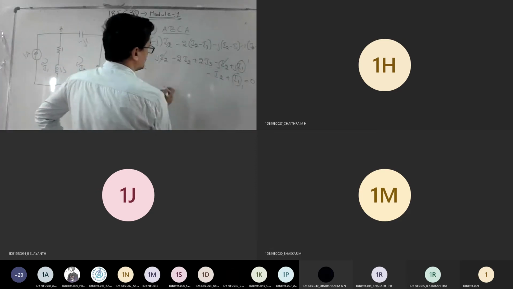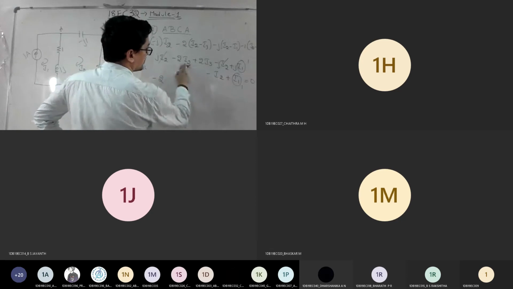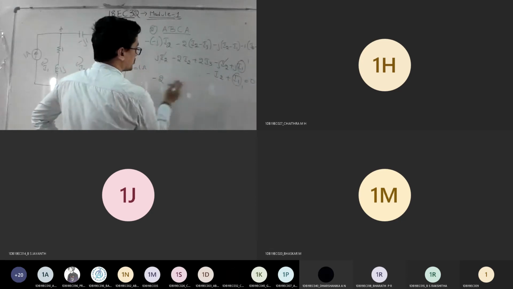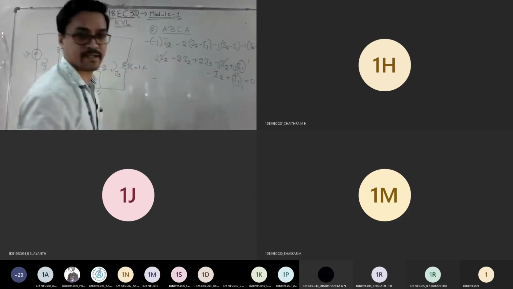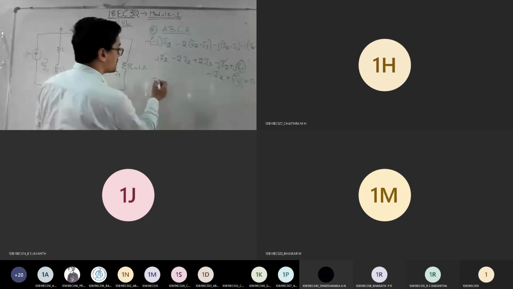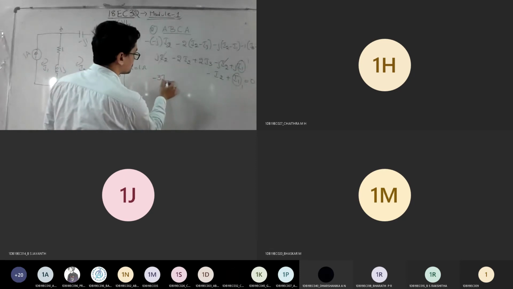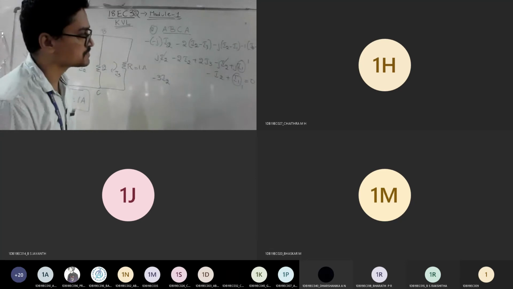So I will write minus 2. See here you have minus 2 minus 2. Can I write it as minus 3 I2 directly? Minus 2 I2 and minus I2, can I write it as minus 3 I2? Understanding here? Everyone?